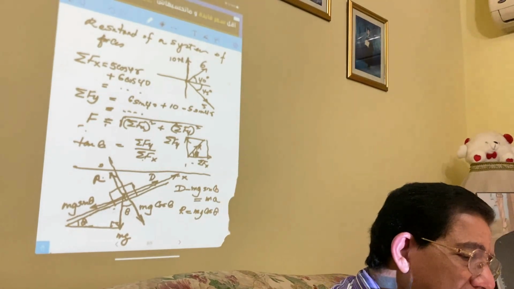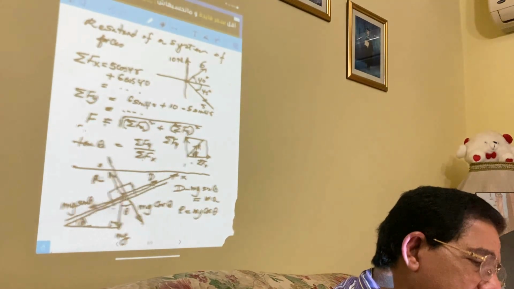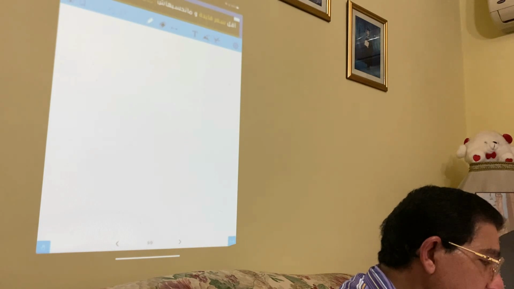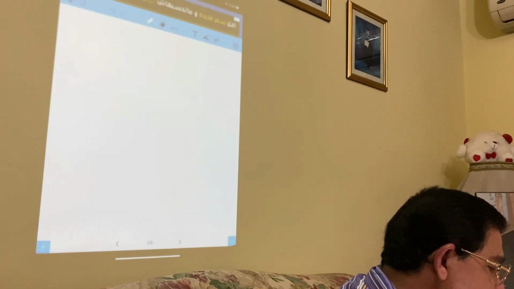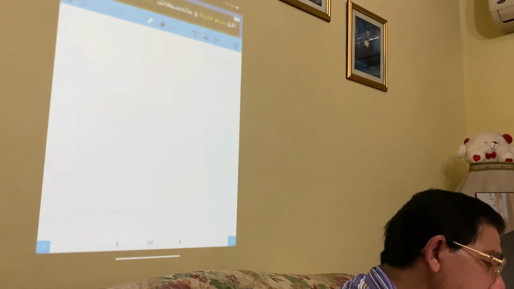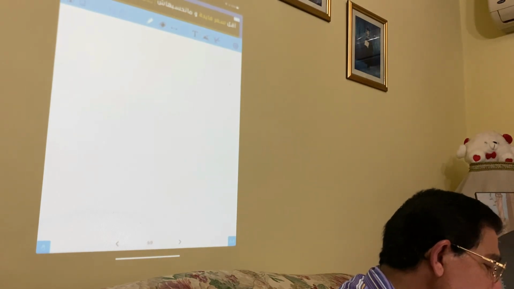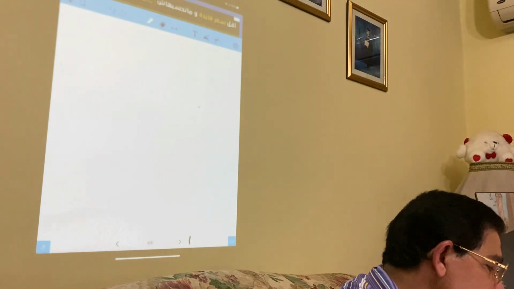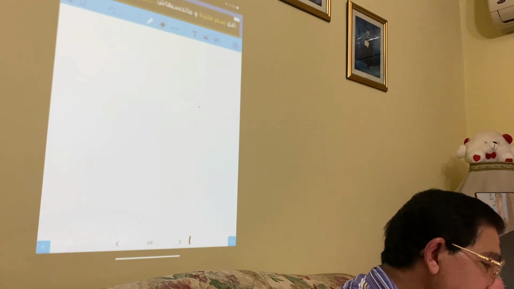Let us take an example on this. Example 6. A particle of mass m is pushed up a small smooth slope by a force of magnitude 5g acting at an angle of 60 degrees to the slope, causing the particle to accelerate up the slope at 0.5. Find the mass of the particle.